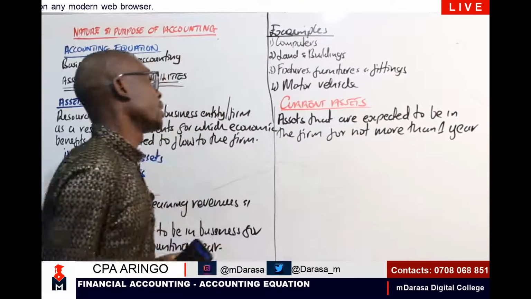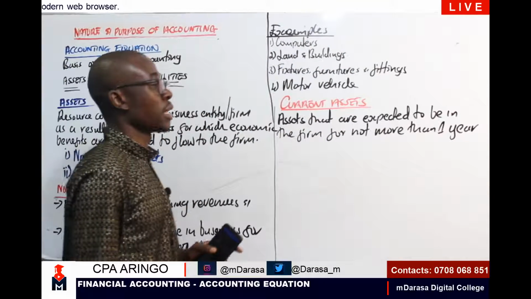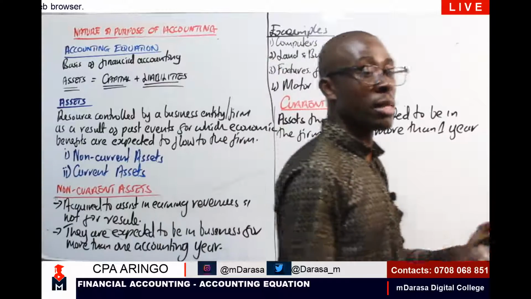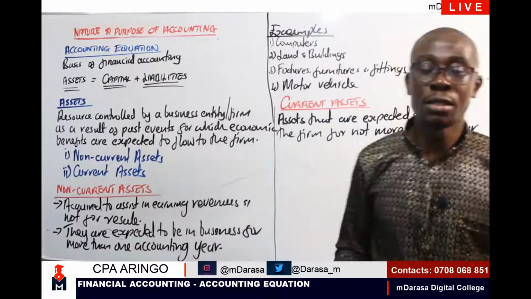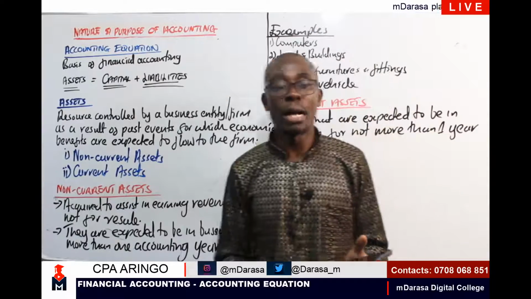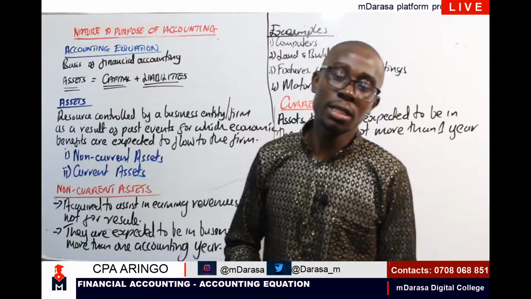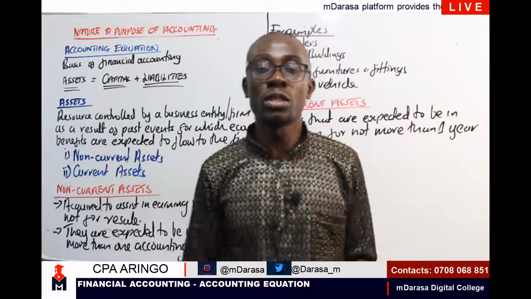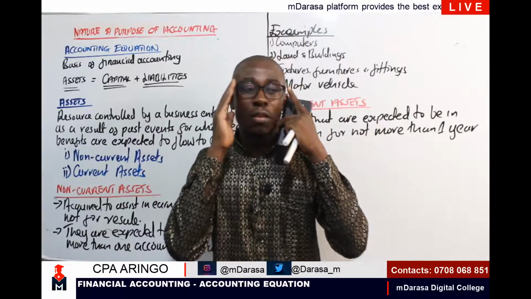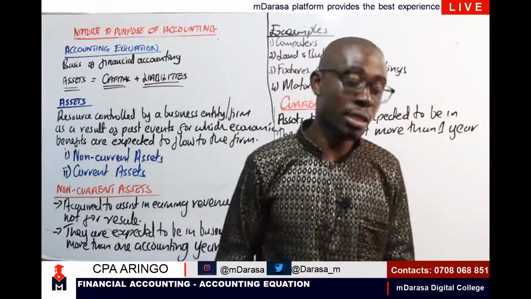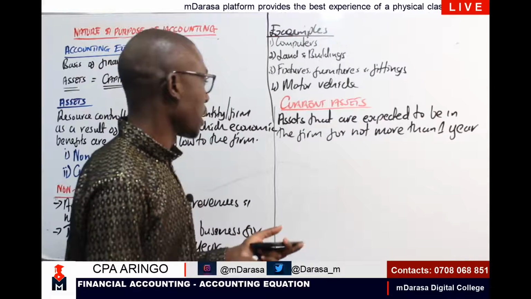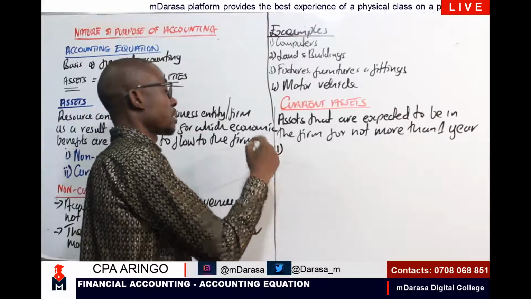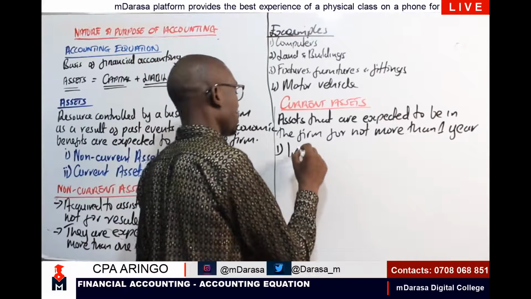Meaning that we are purchasing these assets with the main agenda of maybe resale at some point, or they are going to be utilized within one accounting year. Yes, these are resources that we control, but they are going to be utilized within one accounting year. Say, for example, inventory.